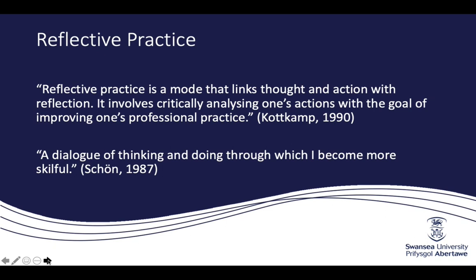Okay, so there's a bit about honesty in there. What's gone wrong, what we've done right, what our actions have been, and how we are actually going to improve in the future. And that's the Kotkamp definition. Schoen in 1987 went a bit further and said it's a dialogue of thinking and doing through which I become more skillful. Okay.